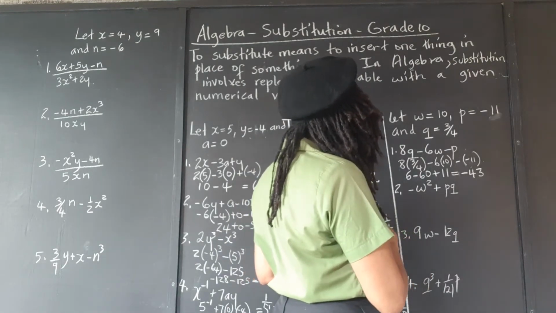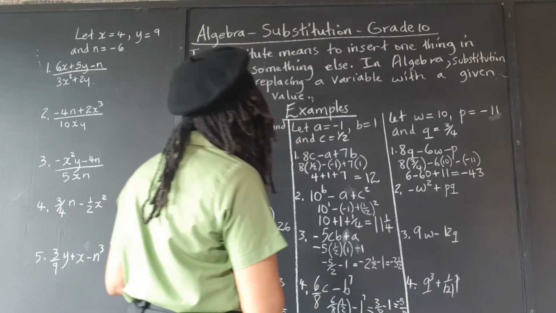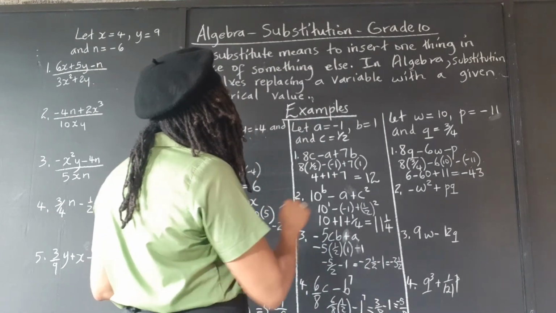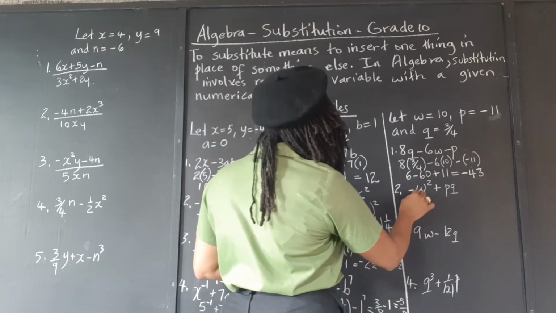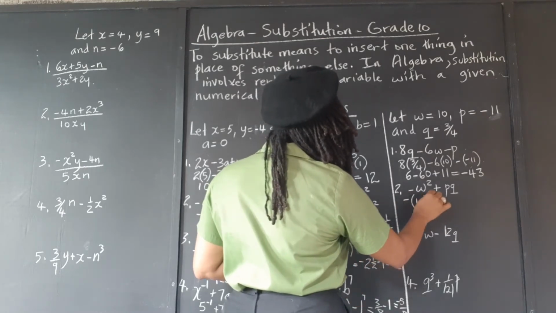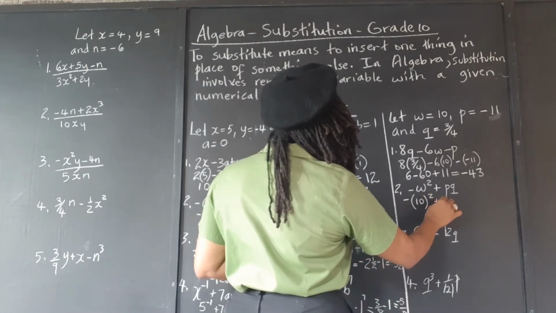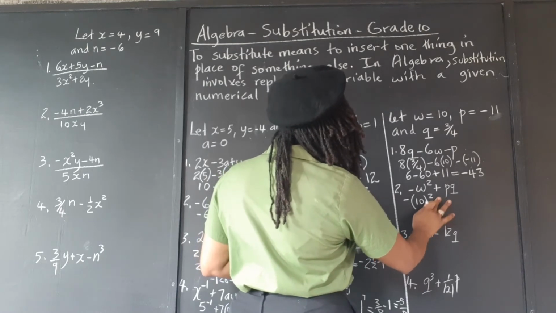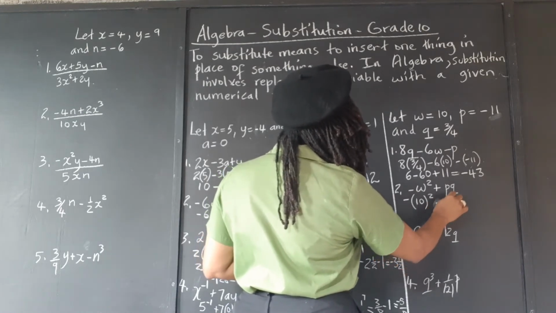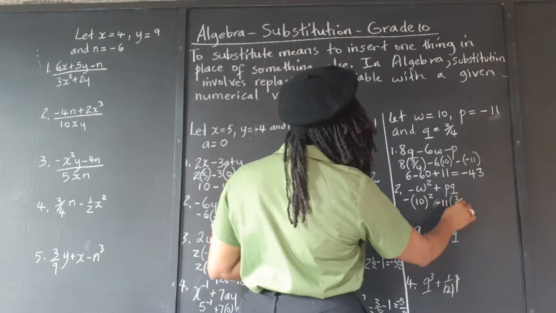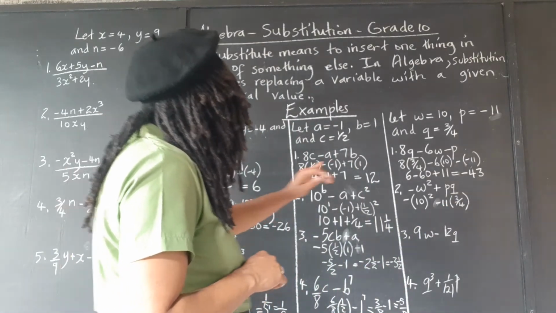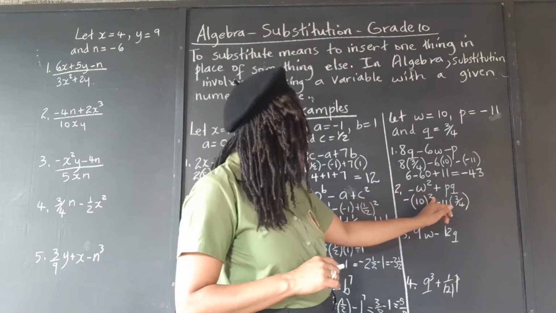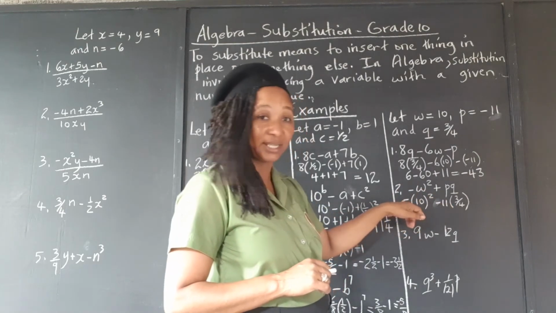Alright, so let us substitute now. Where W is, we're putting 10 squared plus, well, it's 11, negative 11, and Q is 3/4. So we're going to raise the 10 to the second power and then make that answer negative.